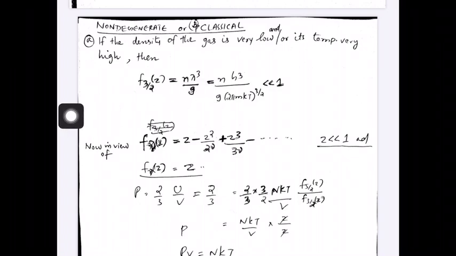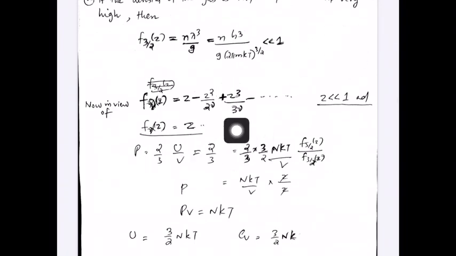If z is much less than 1, then f_ν(z), which is written by this series, will be equal to z. So f_{5/2}(z) will be equal to z, f_{3/2}(z) will be equal to z, f_{1/2}(z) will be equal to z.